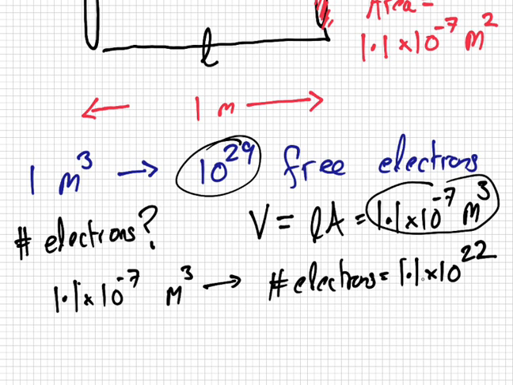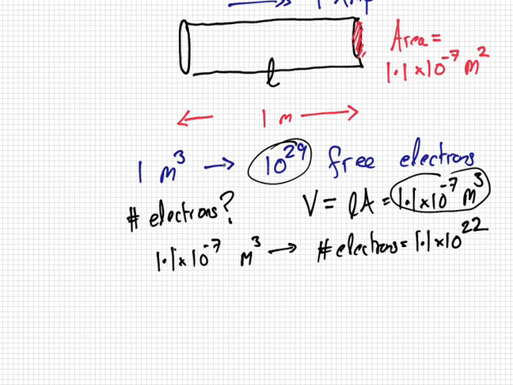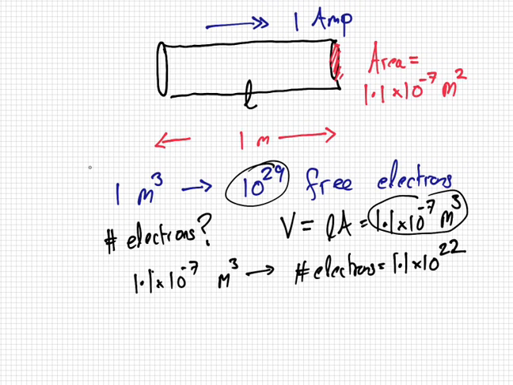Okay. Now, let's see what we want next. Yeah, we want to work out how fast the electrons are moving. Okay, so if this is 1 amp, it means 1 coulomb comes out here every second. And this is how many electrons we have.